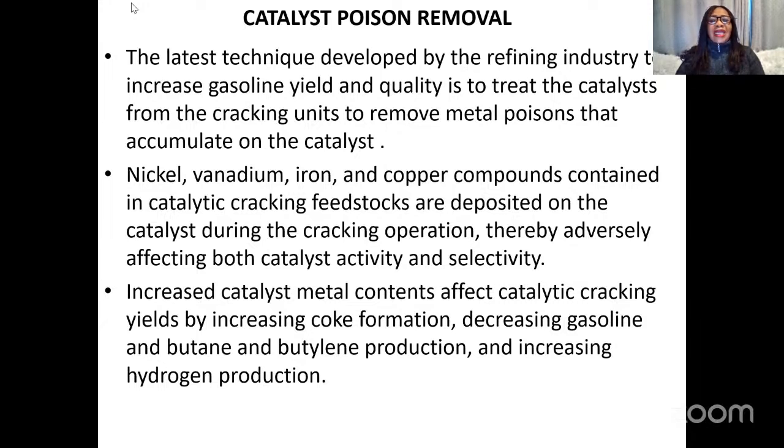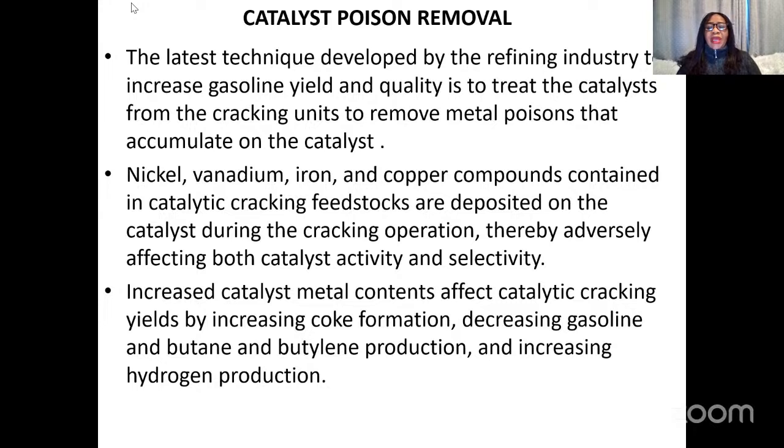So the latest technique developed by the refining industry to increase gasoline yield and quality is to treat the catalyst from the cracking units to remove metal poisons that may accumulate on the catalyst. Removing these will help the catalyst to function well, and then the gasoline yield and quality will increase.